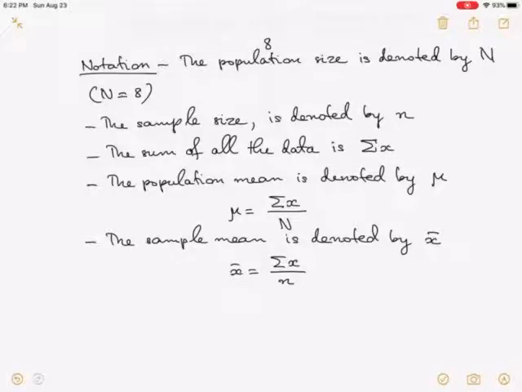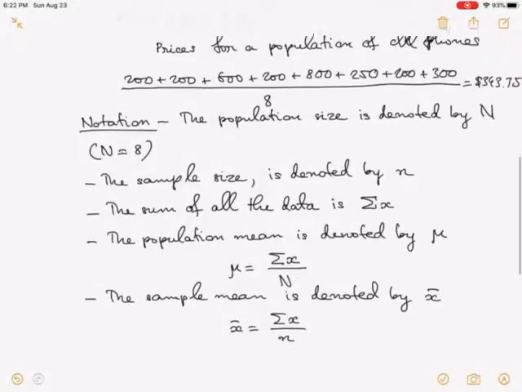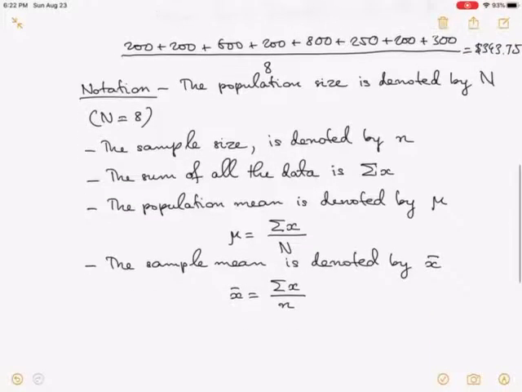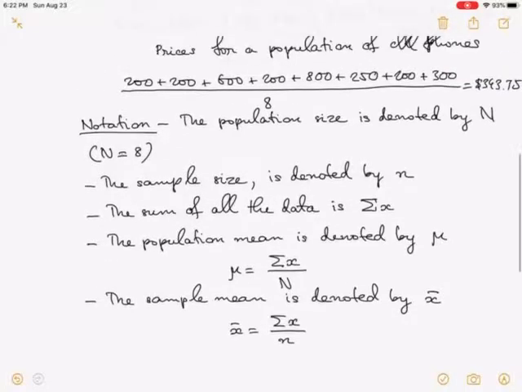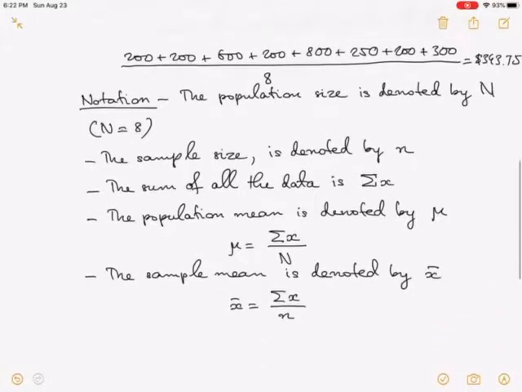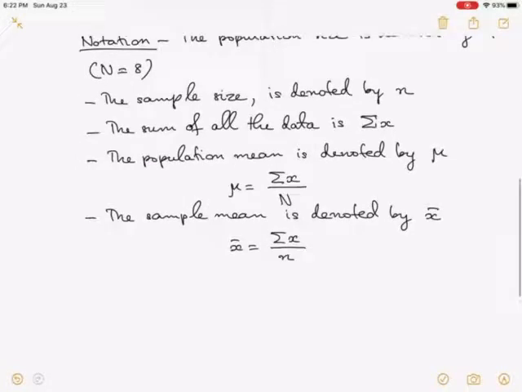Now suppose that in the previous example, we randomly take 4 cell phones with the prices 200, 600, 250, and 300. So this is a sample with sample size n equal to 4.